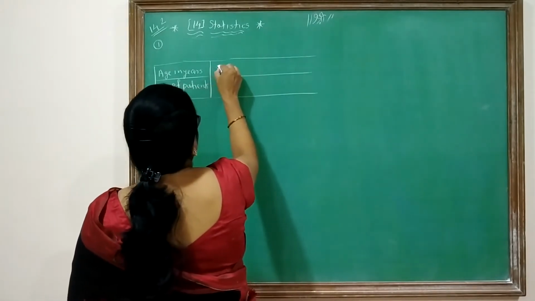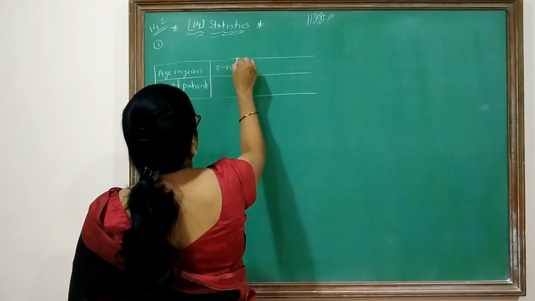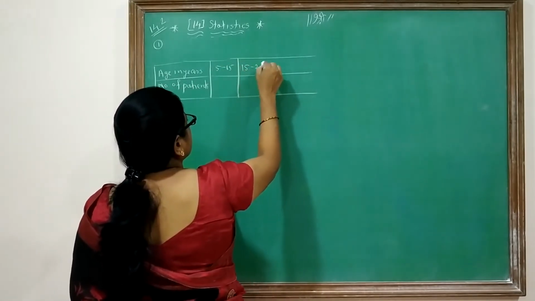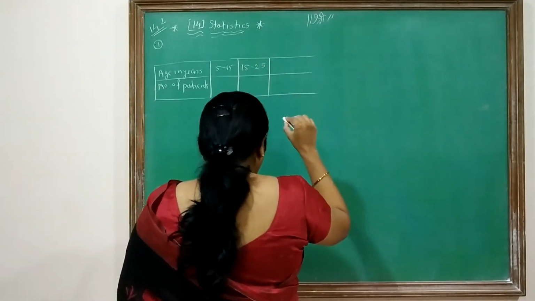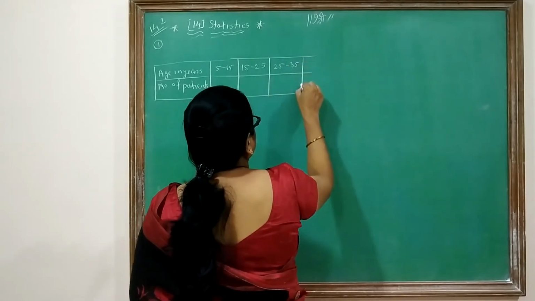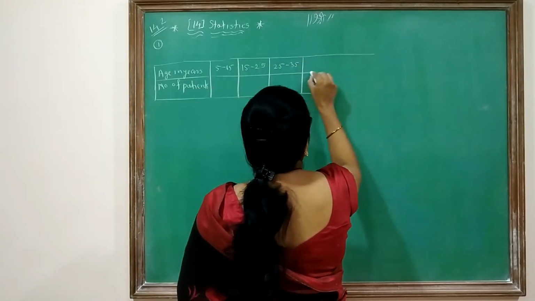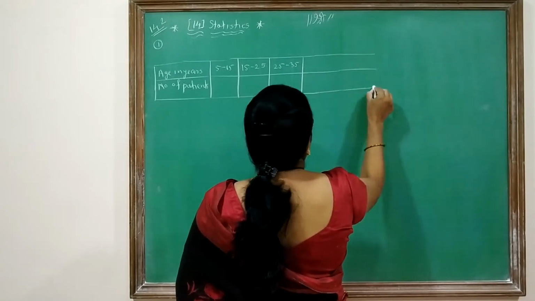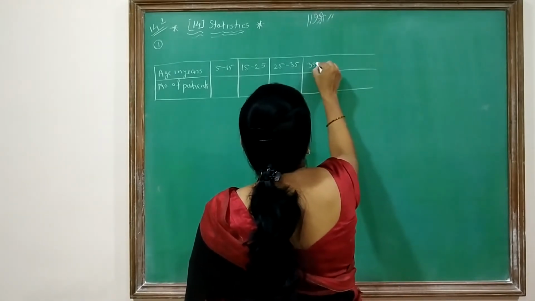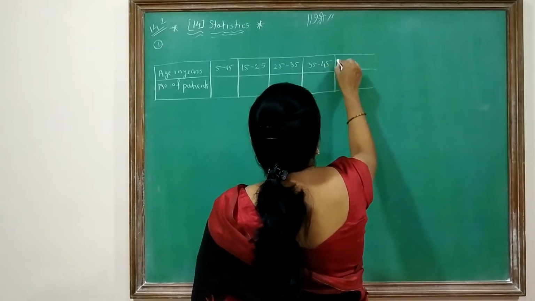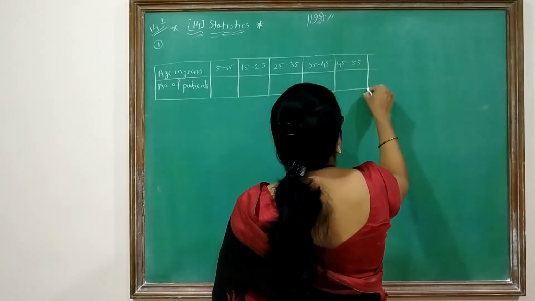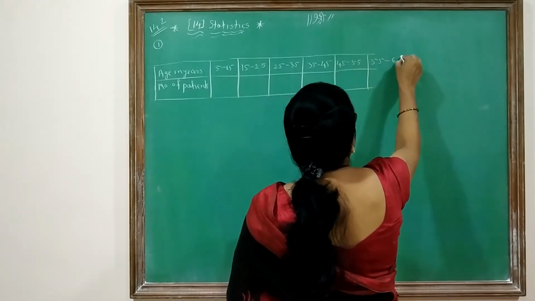The age classes are 5 to 15, 15 to 25, 25 to 35, 35 to 45, 45 to 55, and 55 to 65.